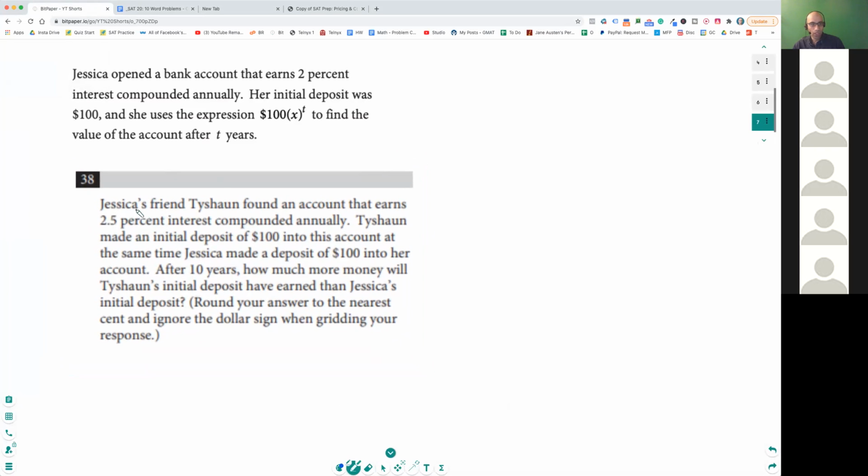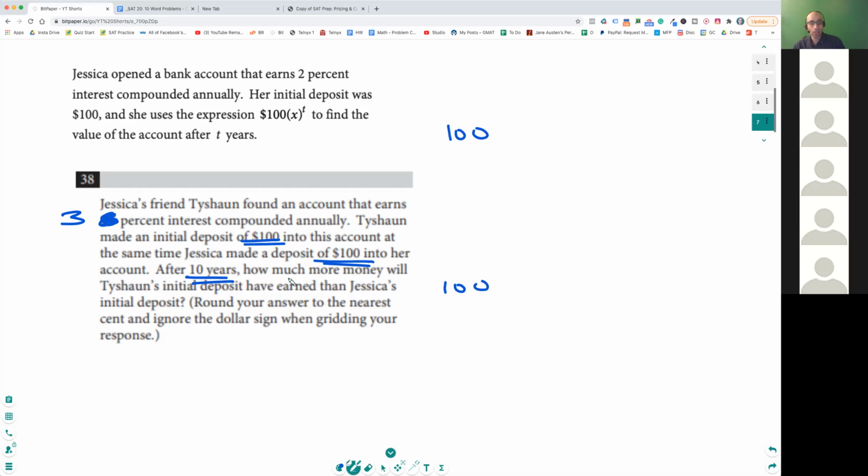So Jessica's friend Tishan found an account that earns not 2.5%. He earns 3%, compounded annually. So he made an initial deposit of 100 into this account, and Jessica made the same amount. So Tishan and Jessica are starting at the same value, right?